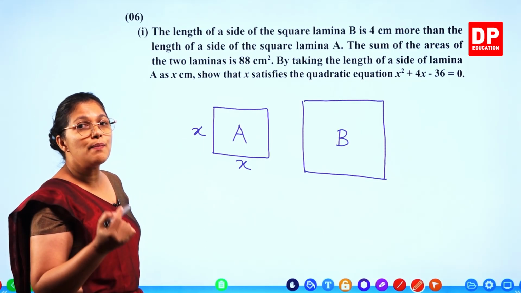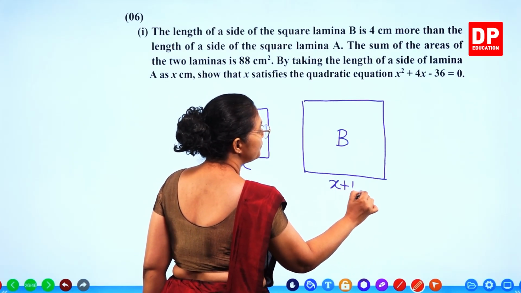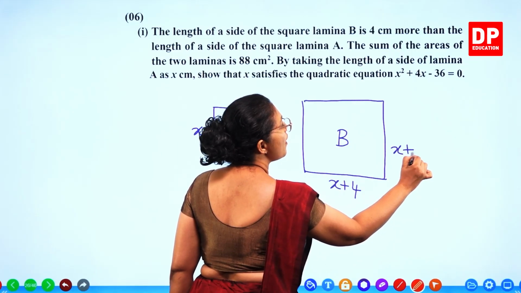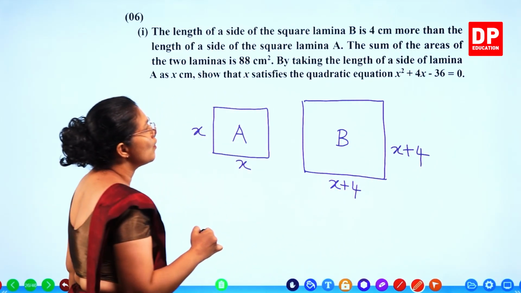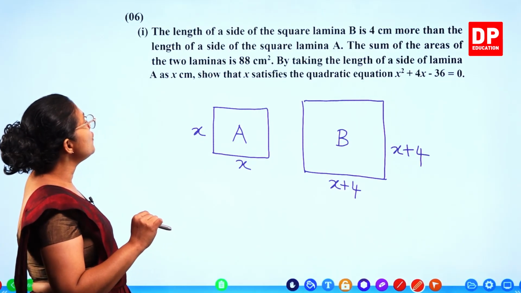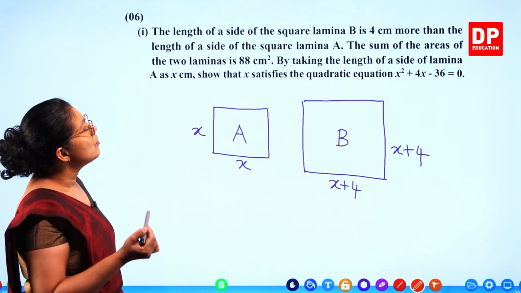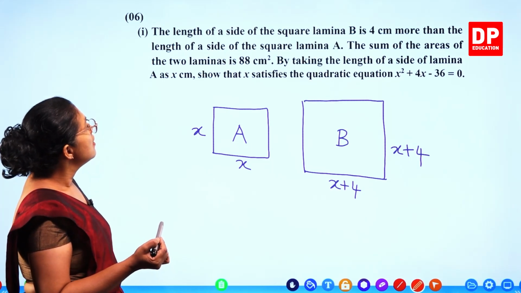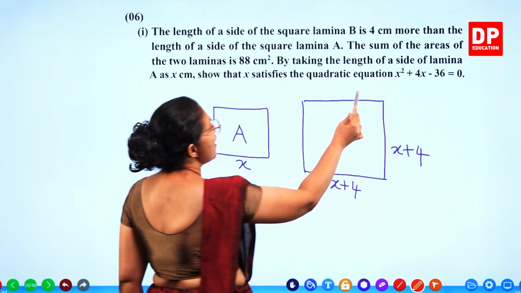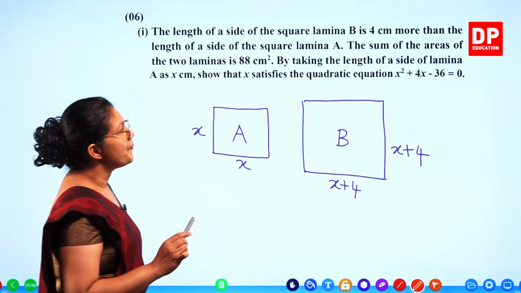It's 4 centimeters more than this length. So x plus 4. This is also a square lamina. Both sides are equal. Then the sum of the areas of the two laminas is 88 square centimeters. So you have to construct the quadratic equation using the given information.